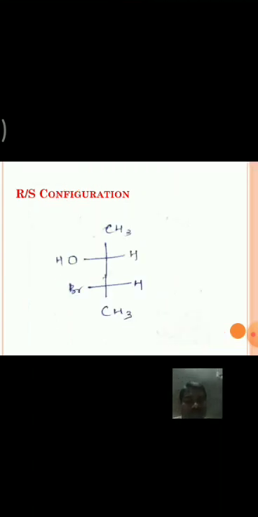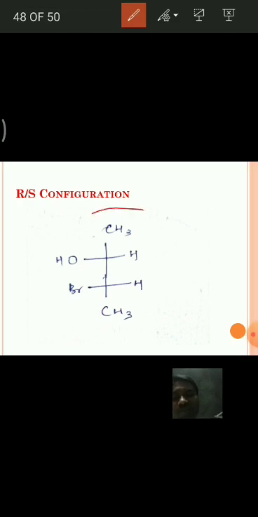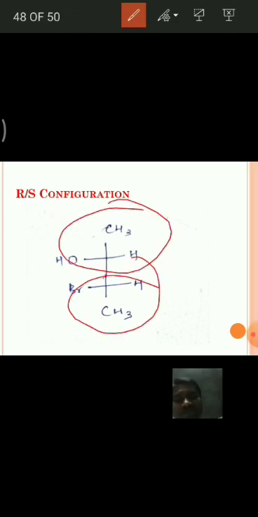Next, if you see one more example here, we have two chiral centers, this carbon and this carbon.